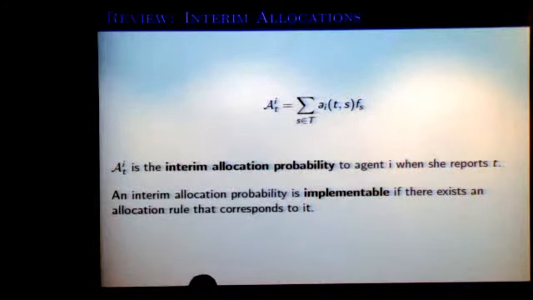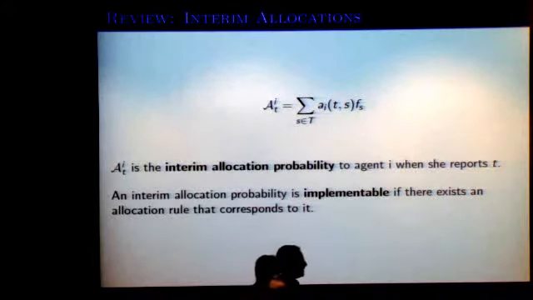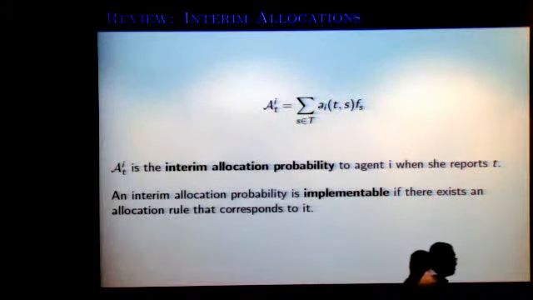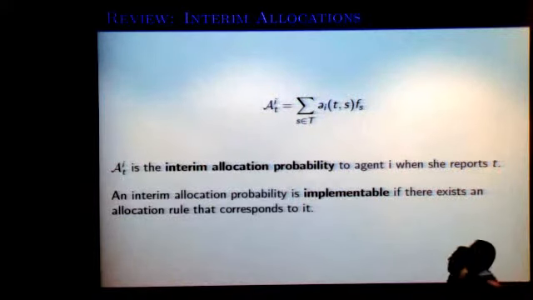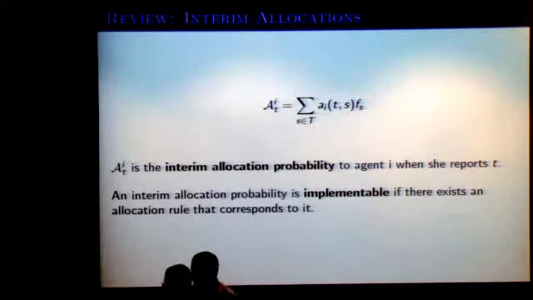Remember, I'm focusing on direct mechanisms, so the only thing an agent is allowed to do is report their type. That's why the allocation rule only needs to be defined on the profile of types. As before, I don't really want to work with the little a because there are too many of them running around. So instead, we work with the calligraphic A, the interim allocation probability.